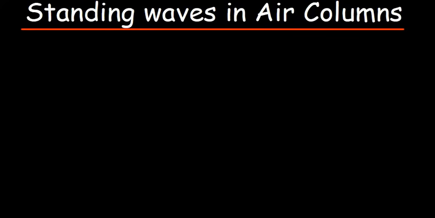So let's talk about standing waves in air column. So this is a bit similar to the normal standing waves we have been doing so far, only that in this case you are going to have a wave in an air column. Let's say you have a pipe.